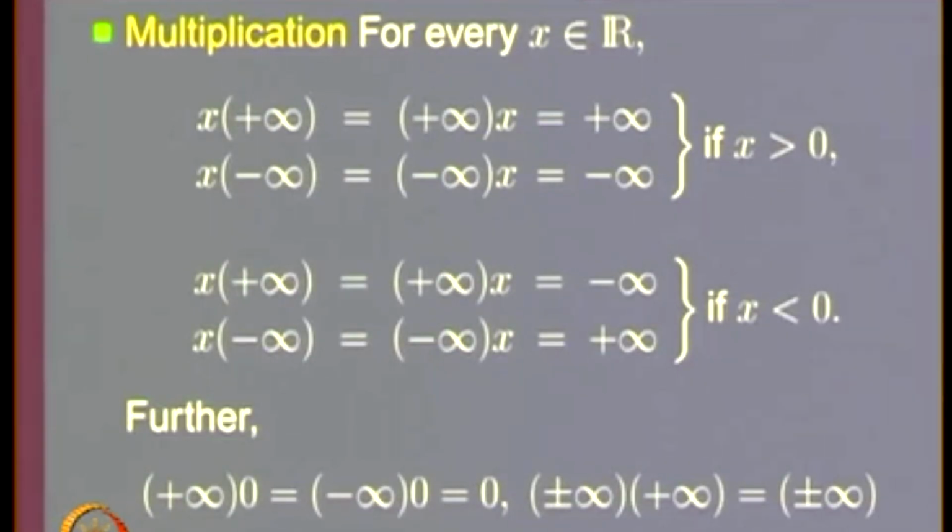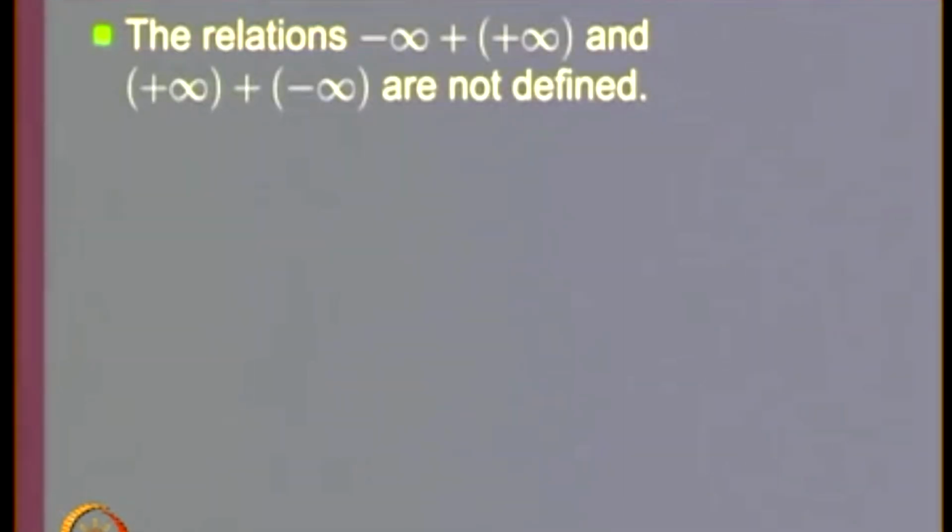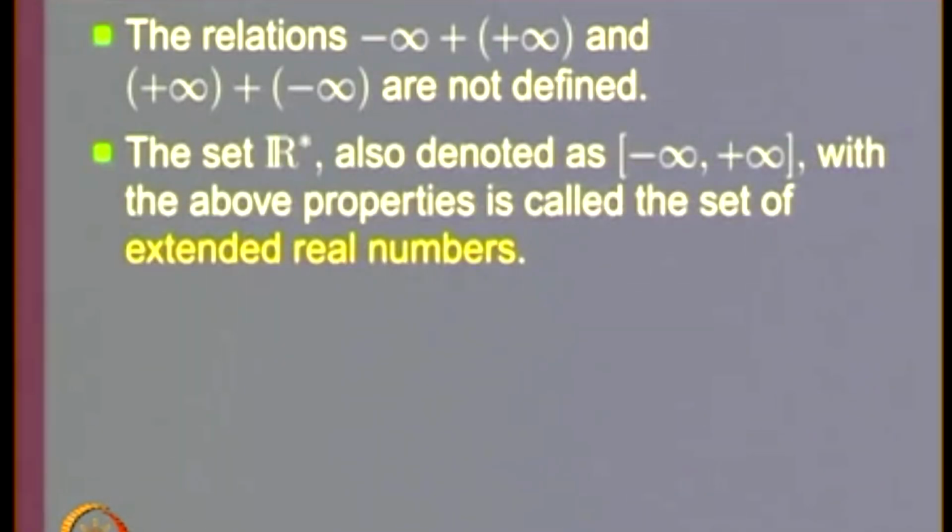So these are the rules for addition, multiplication and order structure on the set R star, which is nothing but the real numbers along with two new symbols, plus infinity and minus infinity. Once again, let us specify that minus infinity plus plus infinity and plus infinity plus minus infinity are not defined.